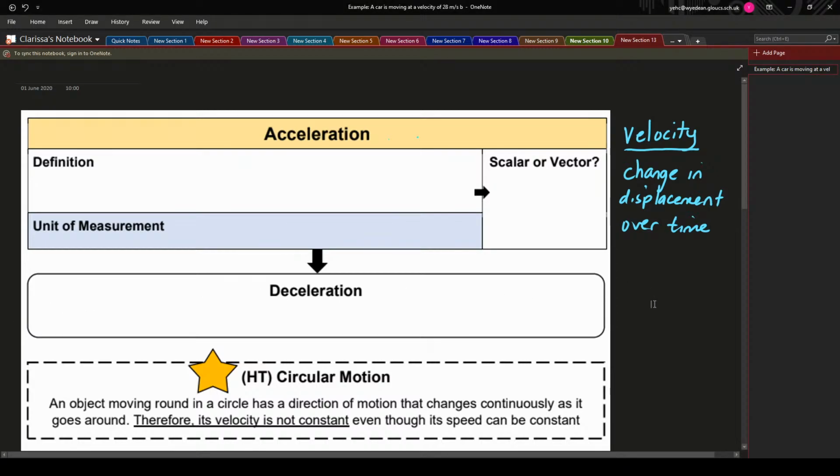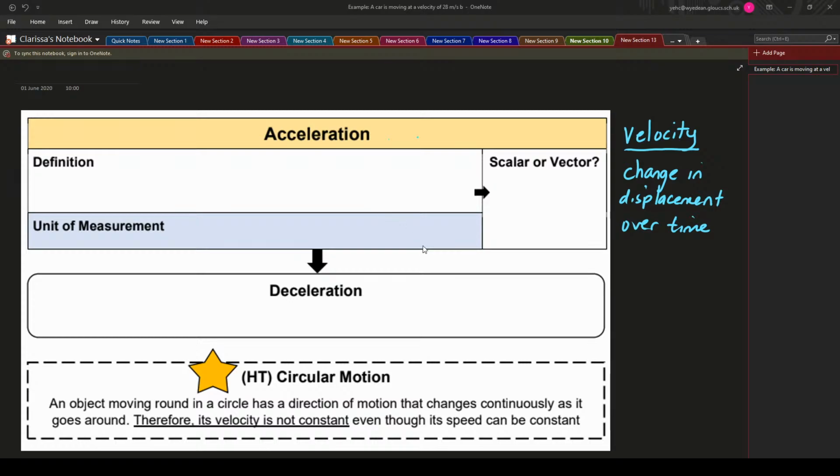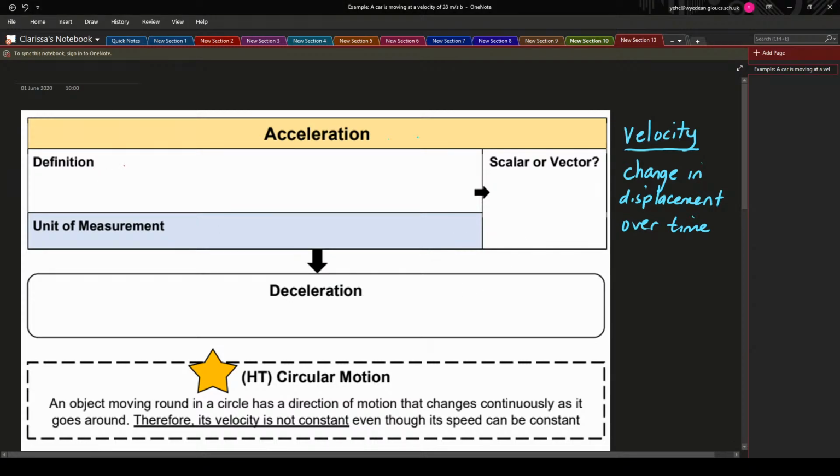Acceleration is a step above that. Acceleration can be defined as the change in velocity over time. And velocity, remember, is just speed, but in a particular direction.